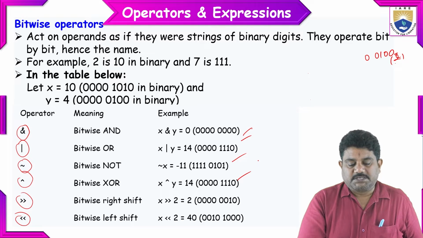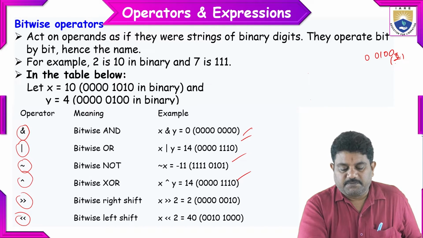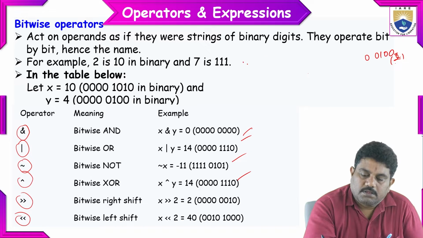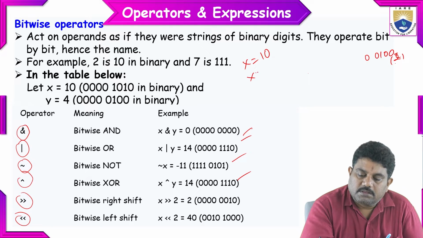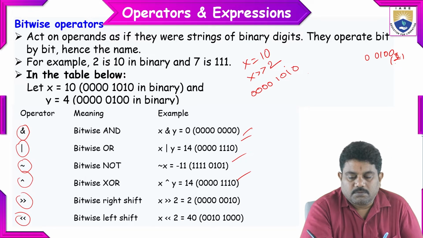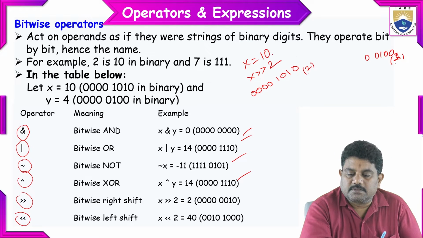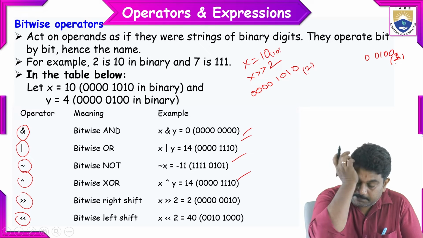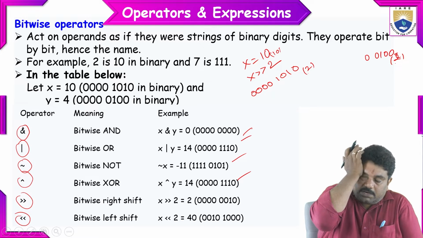Next, bitwise right shift. If you take right shift, take X equal to 10, then you will understand. I am shifting 2 times to the right. Actually 10 is 0 0 0 0 1 0 1 0. This is binary 10, this is the decimal 10. Here you can understand very easily.